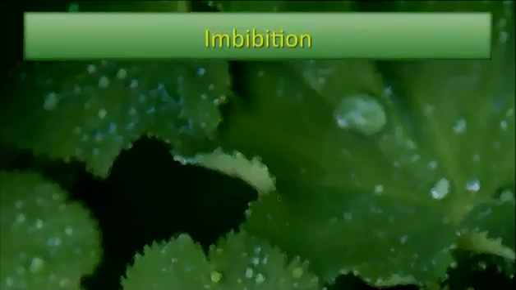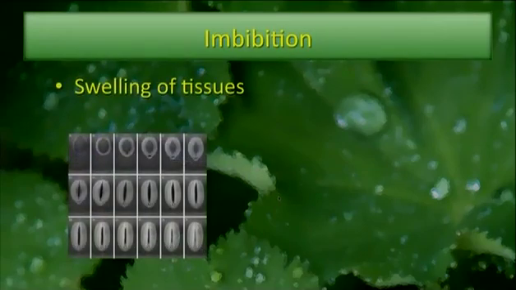We also have imbibition. Remember we talked about imbibition last time? That's a swelling of tissues. So you can see this tissue here getting swollen, actually developing, elongating and enlarging.